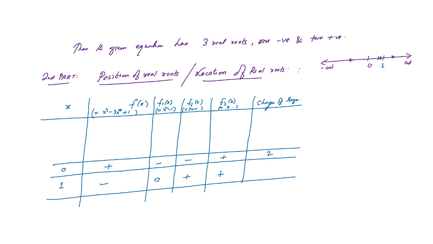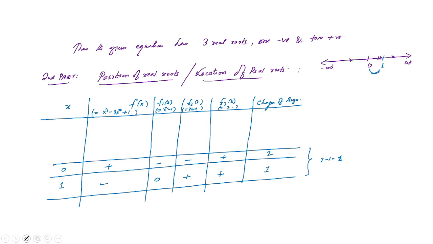So 0 is just omitted. Minus to plus is 1 change. Plus to plus, no change. So only 1 change is there. So you will see the variation of changes of sign is 2 and 1, so that means 2 minus 1. So 1 positive root lies between 0 and 1.